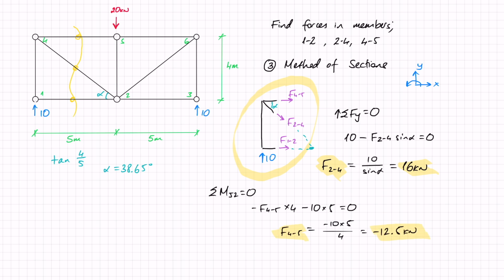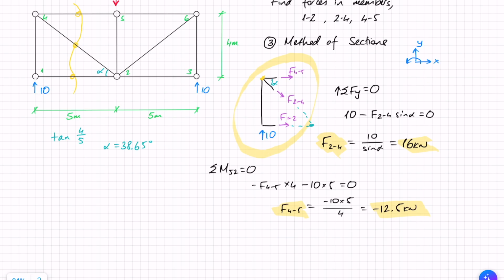And the last thing that I'm going to do is sum of moments around joint 4, which is this joint here. The reason I'm doing it there is that F45 and F24 pass through that joint, so they won't contribute to moment, and I'll find F12 directly.